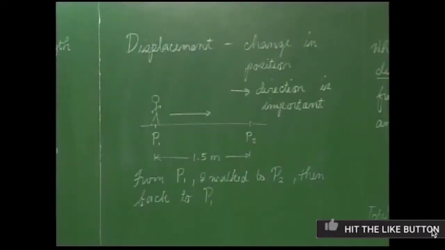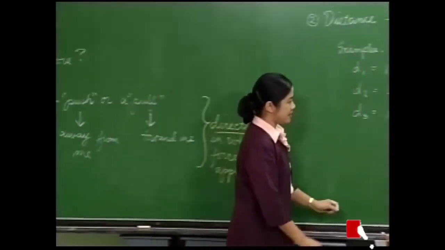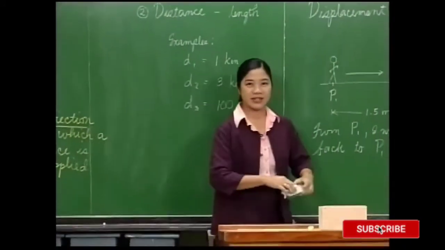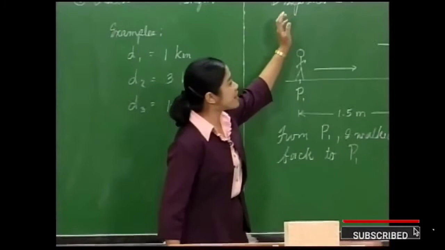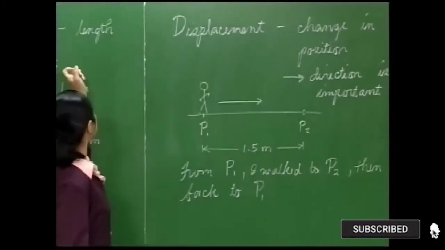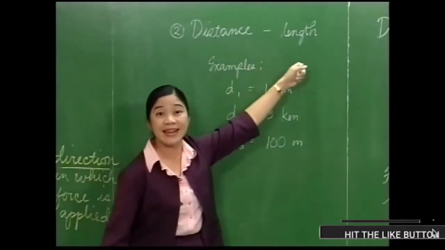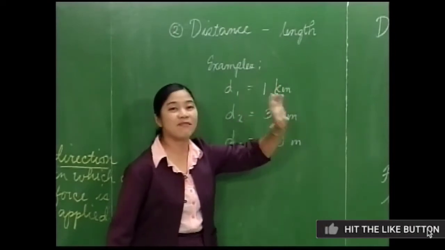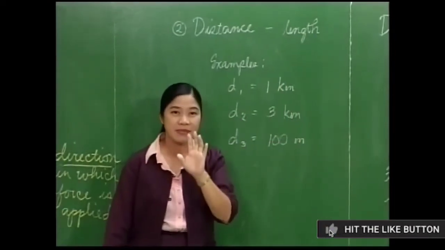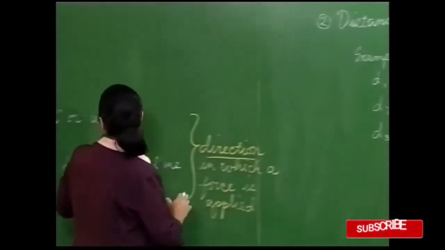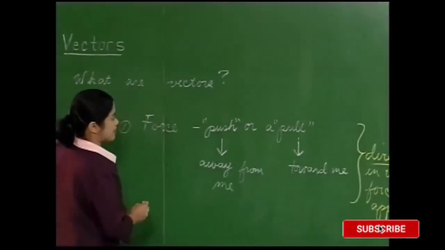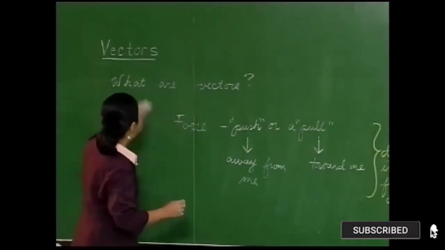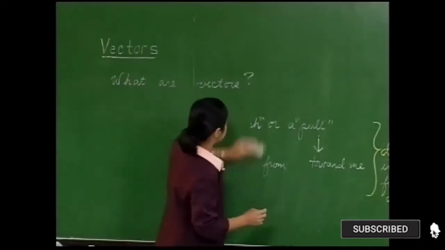So now we are ready to define vectors, to distinguish between something which is only a number, like a distance or a length, and something wherein direction should be taken into consideration. Okay, so let me now define my vector.